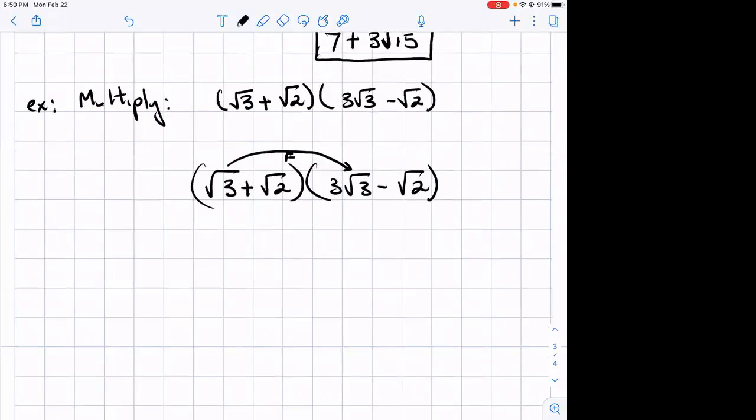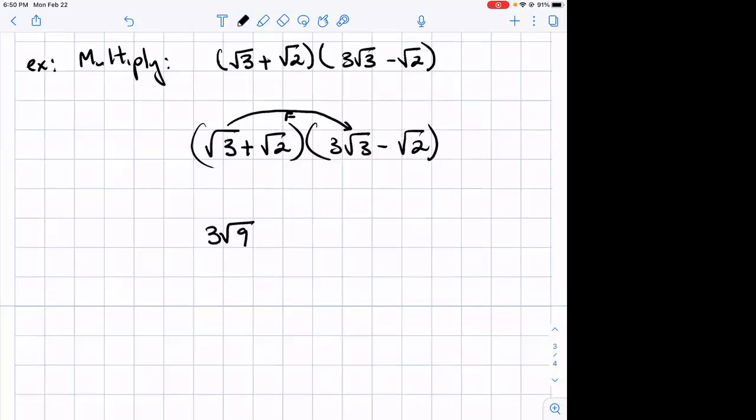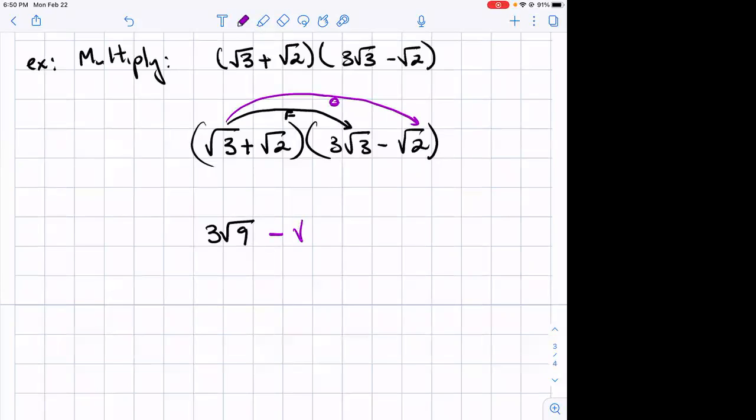If I multiply that, that becomes 3 radical 9. Then using a different color, this times that, the outer terms, becomes minus root 3 times root 2, which is minus root 6. Now the inner terms become positive 3 root 6.